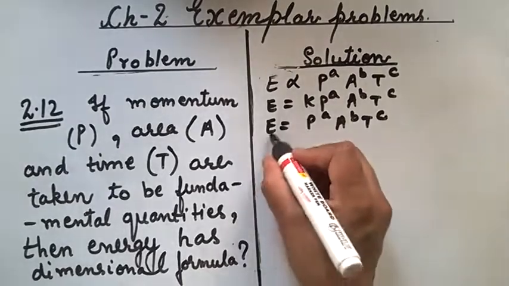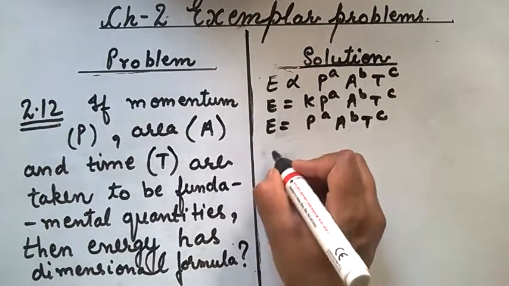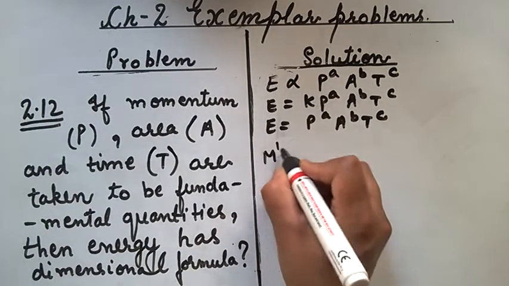Now write the dimensions of all these physical quantities. Energy has dimension M1 L2 T minus 2.